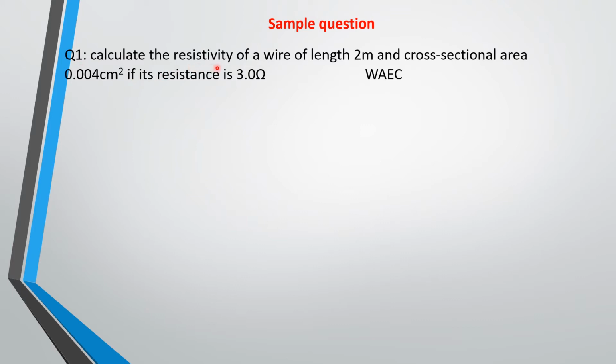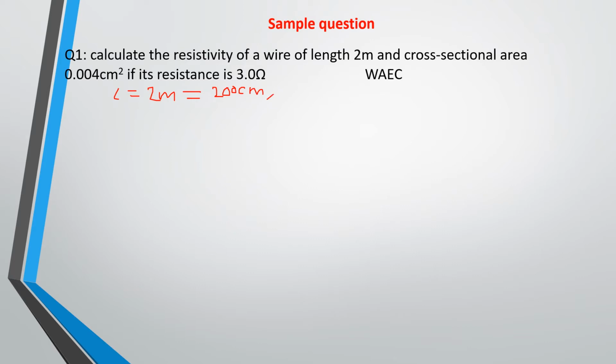Calculate the resistivity of a wire of length 2 meters and cross-sectional area 4.0 times 10 to the power minus 3 centimeters squared if its resistance is 3 ohm. Here you are given length to be equal to 2 meters, which is equal to 200 centimeters.